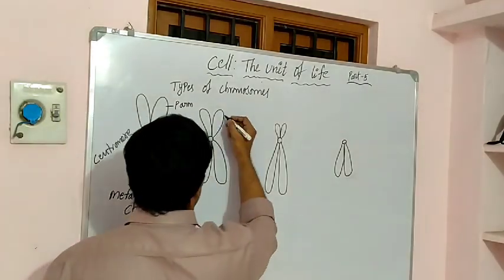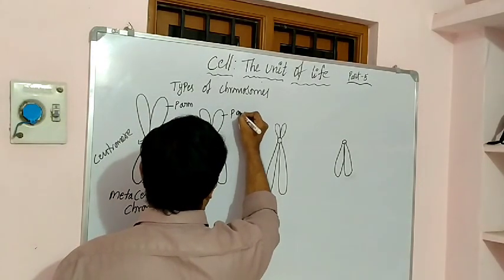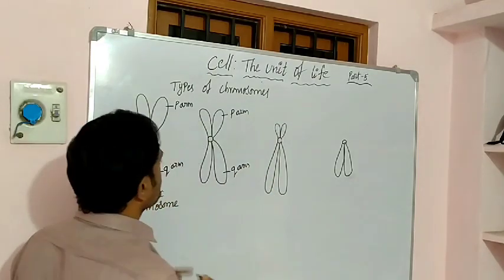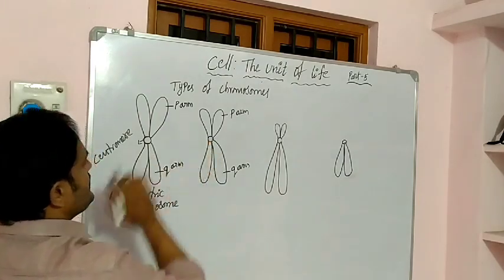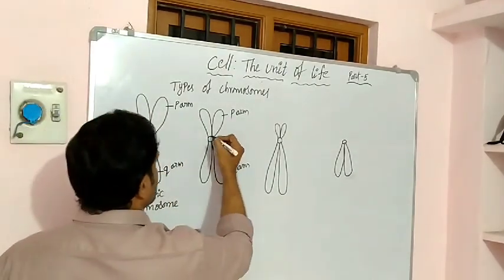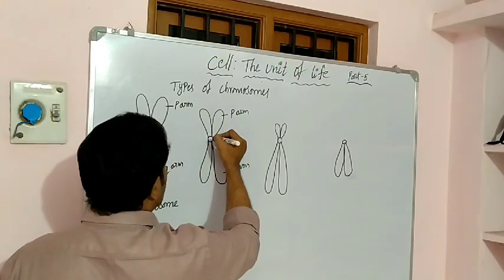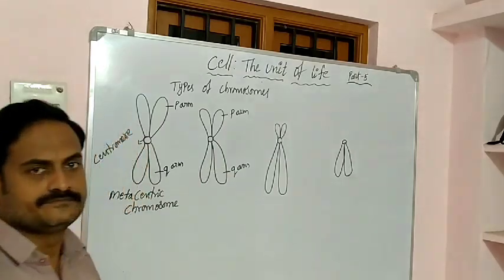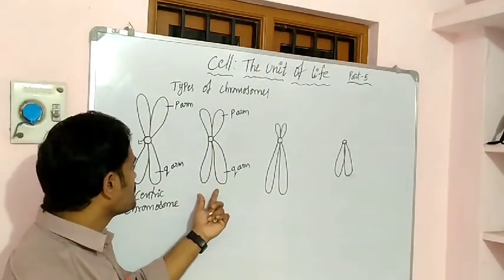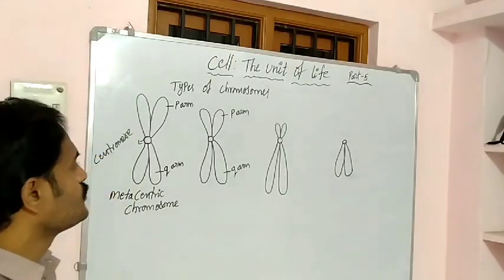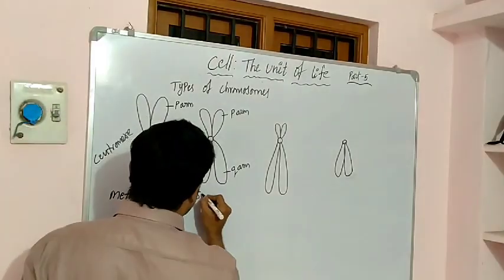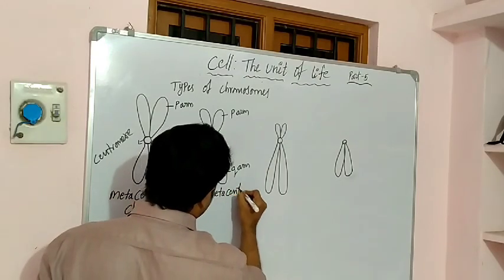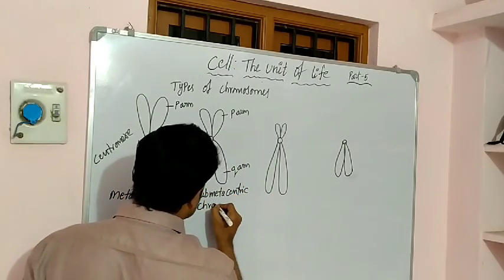Then coming to the second chromosome, this also has a P-arm and this a Q-arm. Here we notice somewhat of a difference. See, the P-arm is smaller than the Q-arm. Such a chromosome is called a submetacentric chromosome.